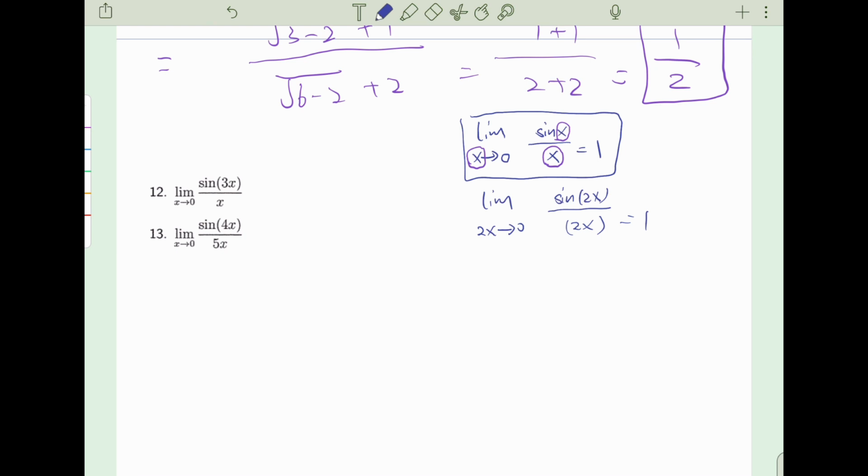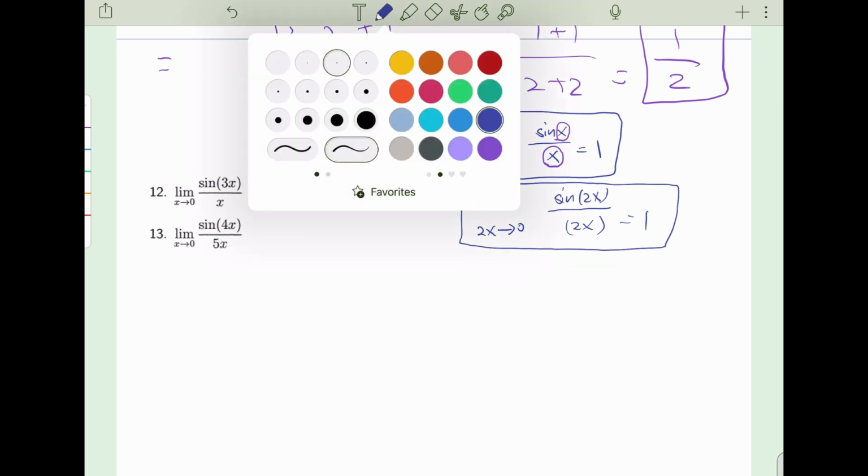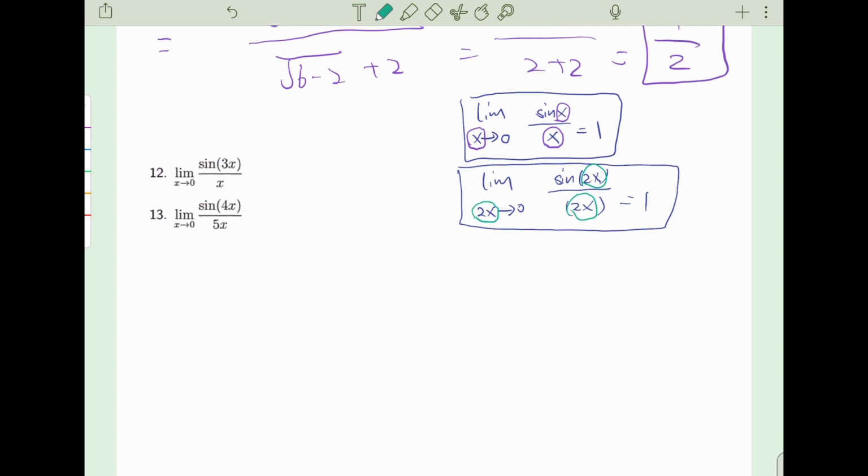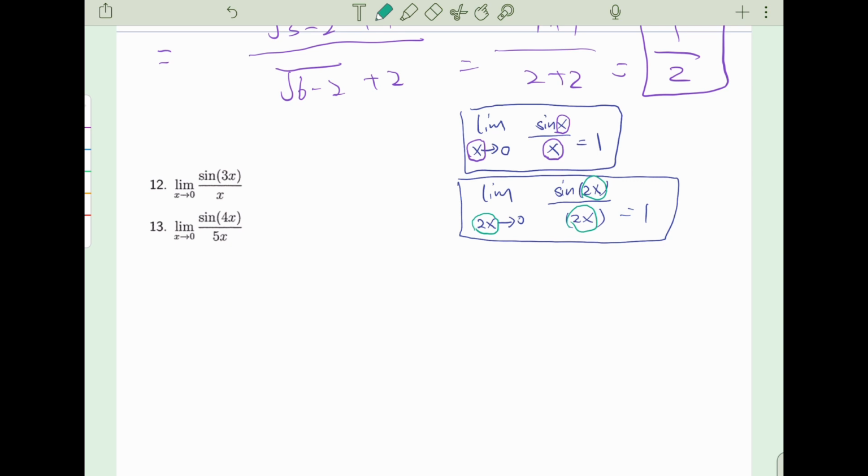And the result still applies, as long as the replacement here is also going to 0. Then this form is always gonna hold. So that is the idea how we make use of this limit.